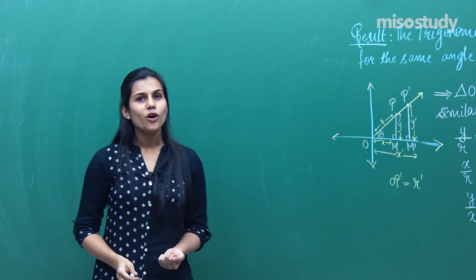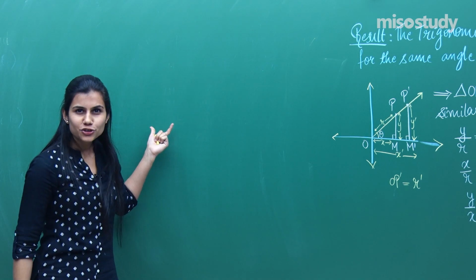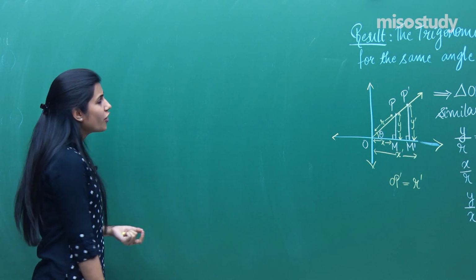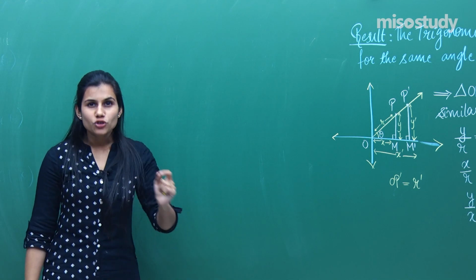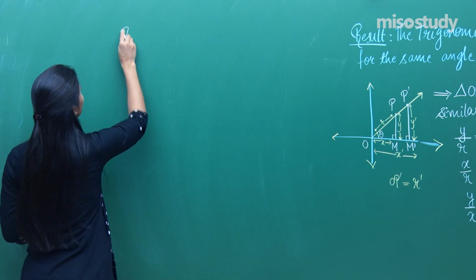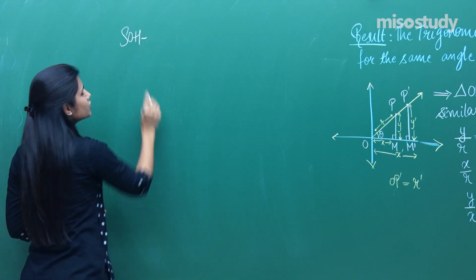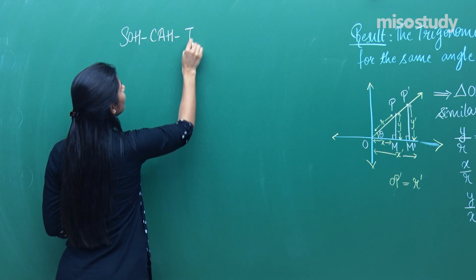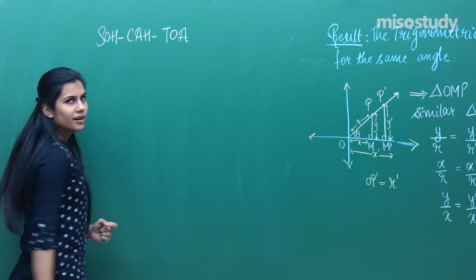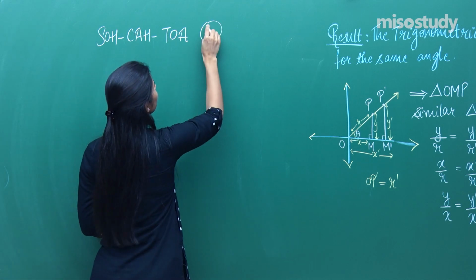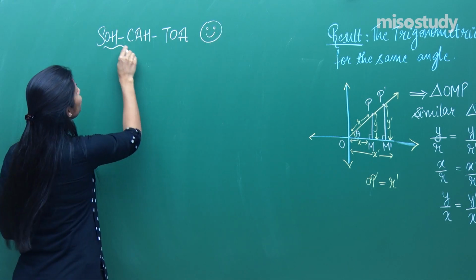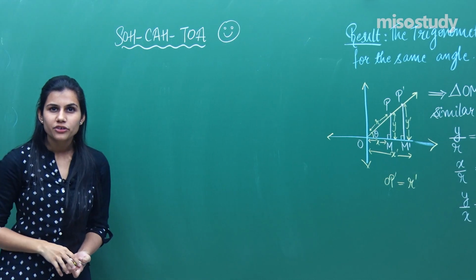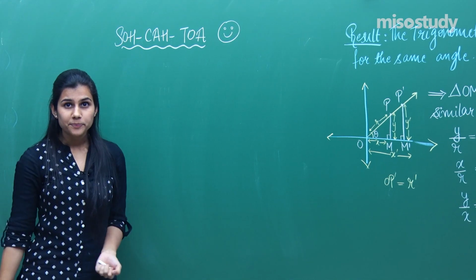That is now going to be presented to you with the help of an acronym. That acronym is SOHCAHTOA. This is the acronym which we'll be using to remember which trigonometric ratio has which name.